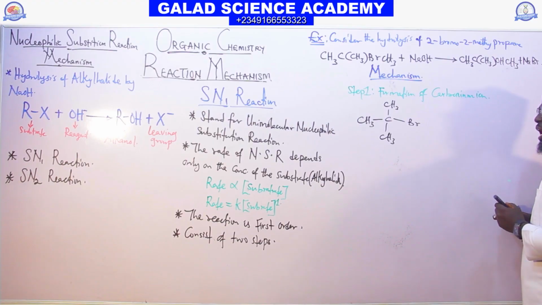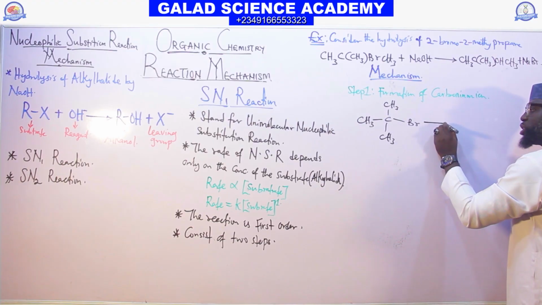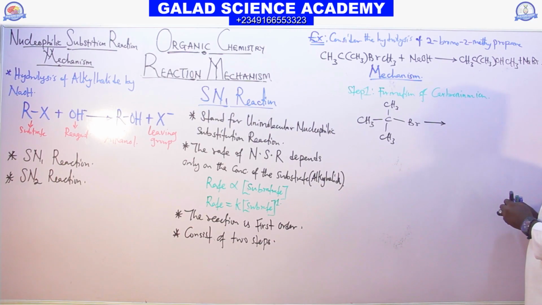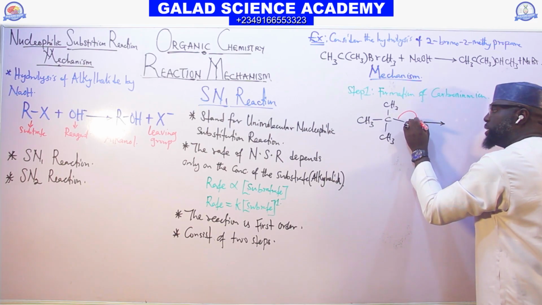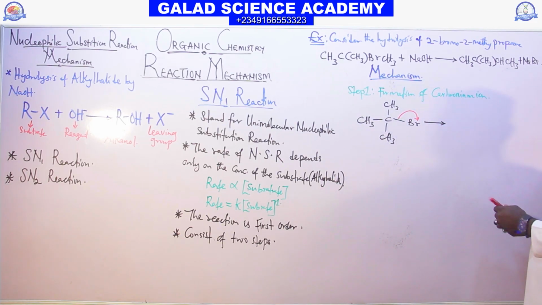Now, you have the formation of the carbonium ion. This bond will shift towards bromine, which is homolytic fission.